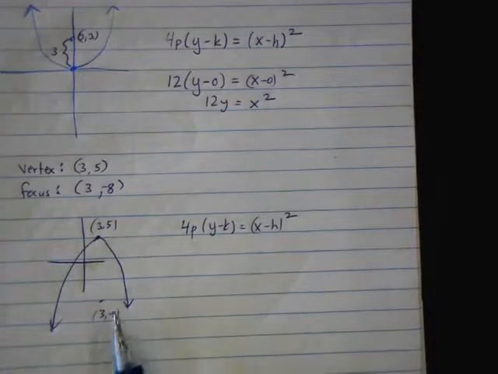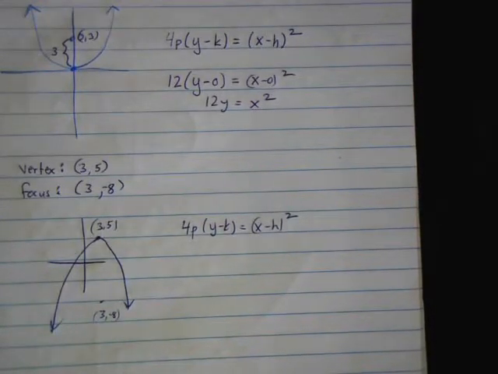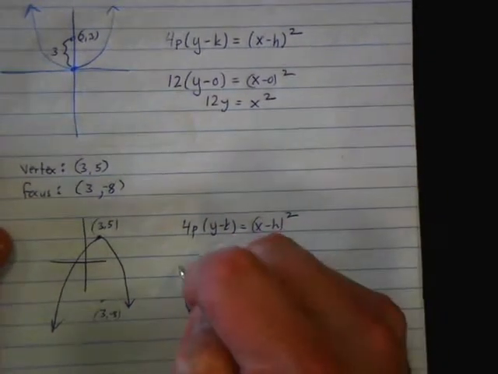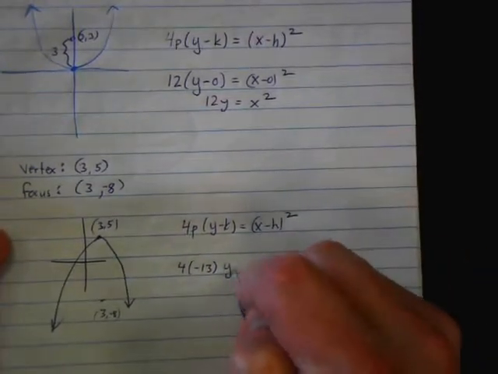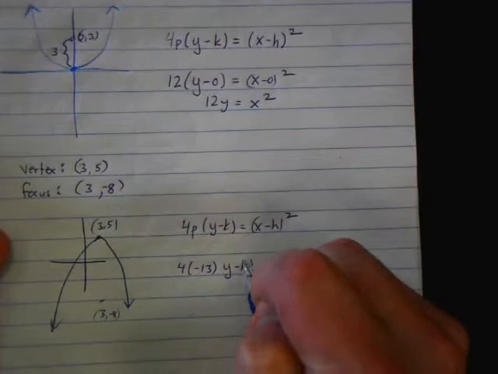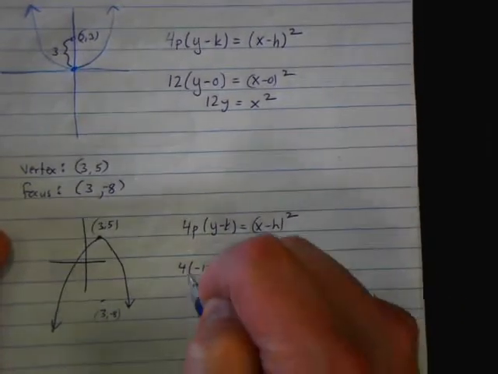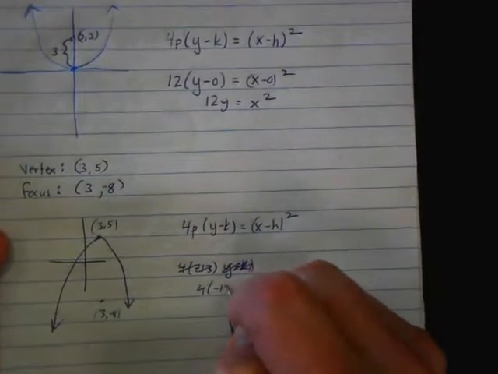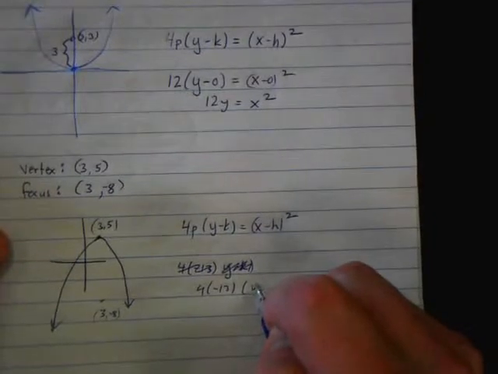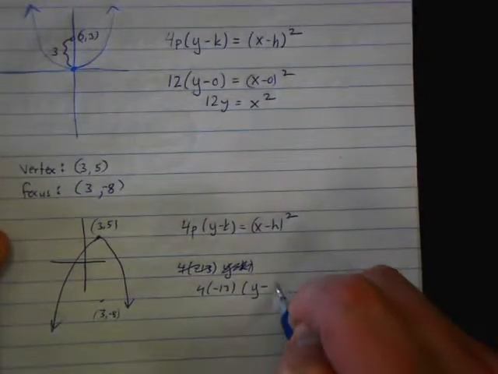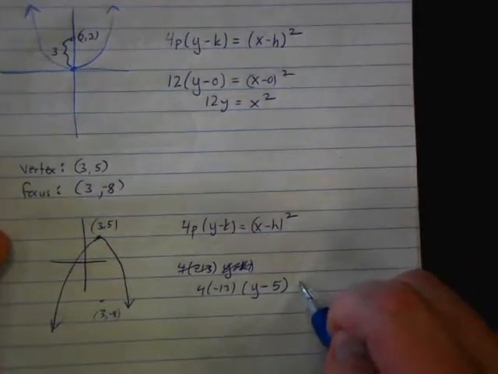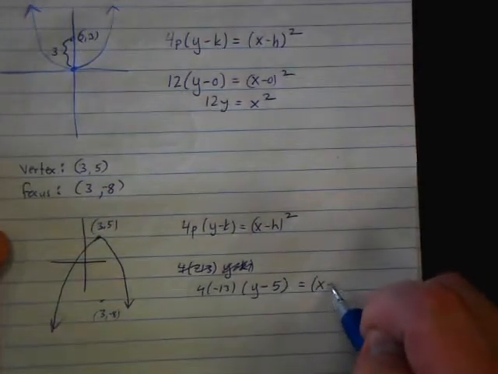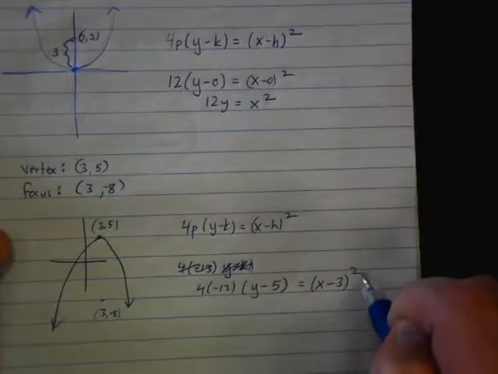From 5 to -8 is -13. So we're going to have 4 times -13 times (y - k), what's the k number? y minus 5, because our vertex happens at 5, equals (x - 3)^2.